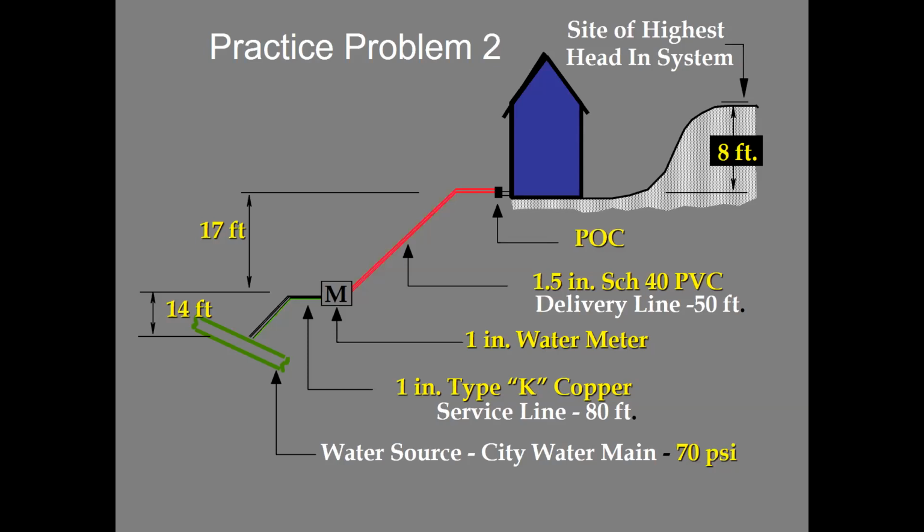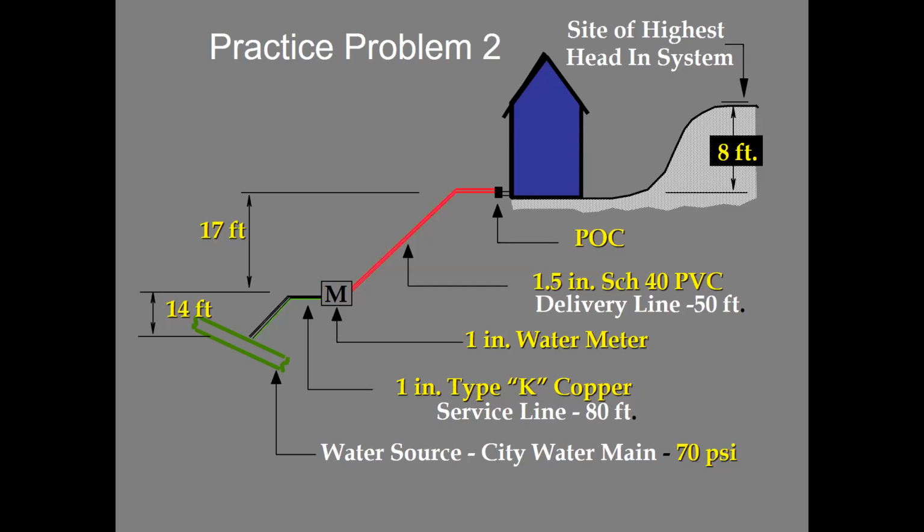So now we need to know our net elevation change. From our source to our point of connection, what's our change? 31. So we have 31 feet of positive elevation change. Now we have to figure out our pressure loss because of that change of elevation.